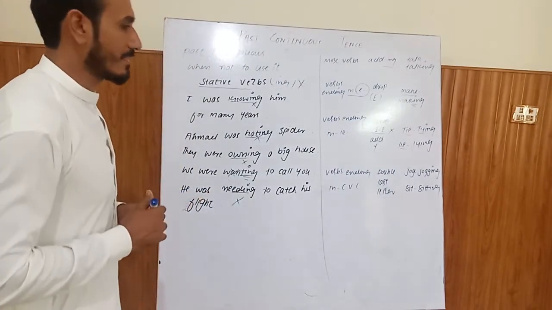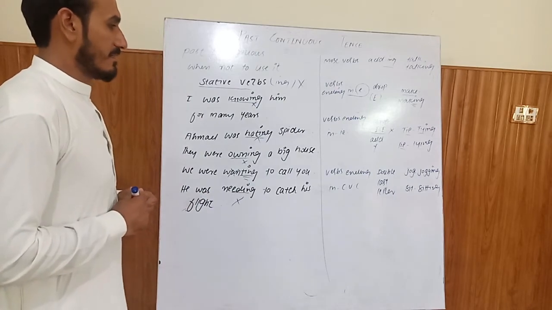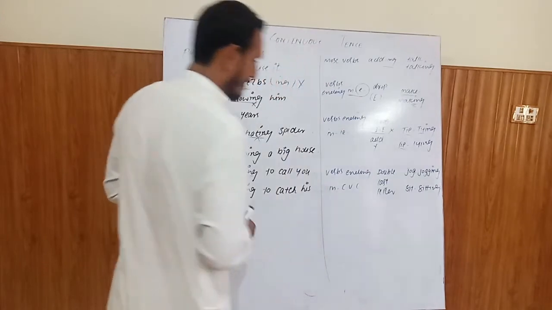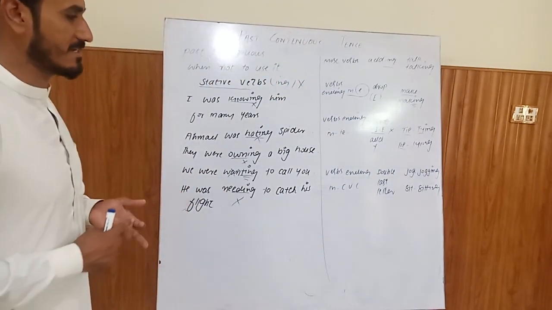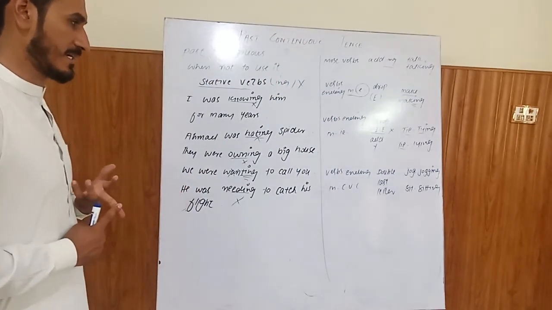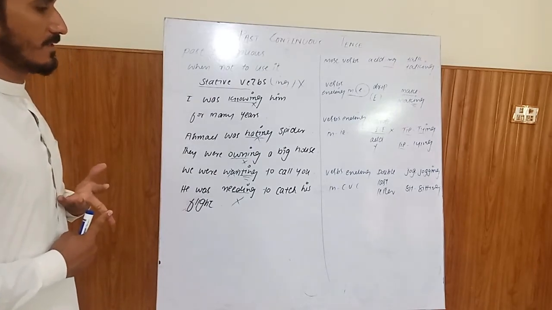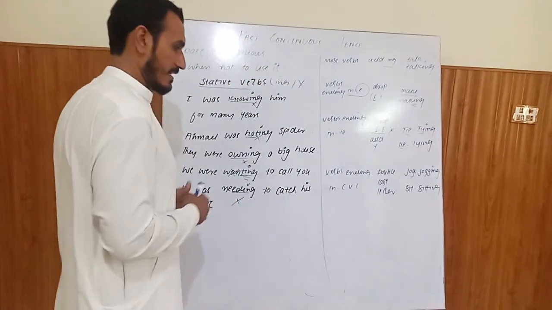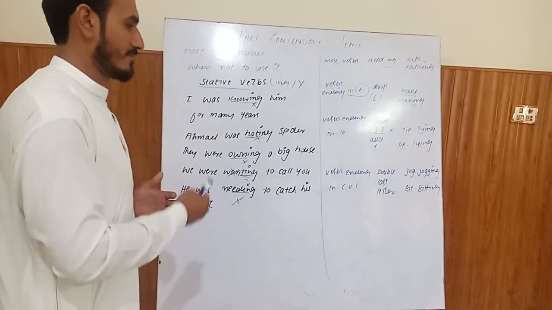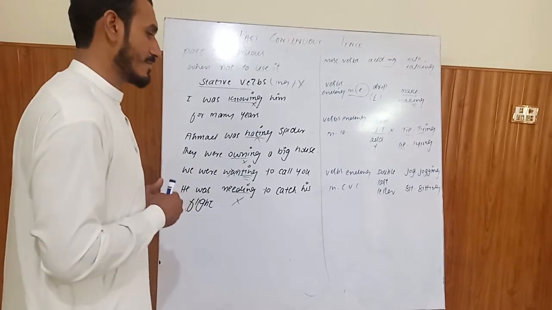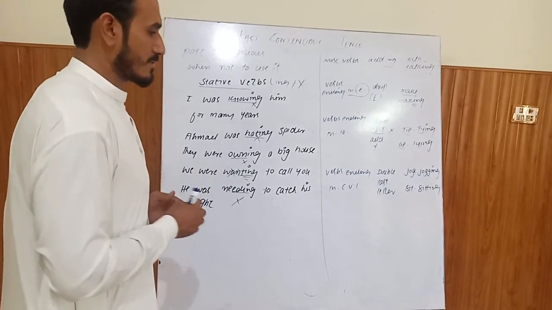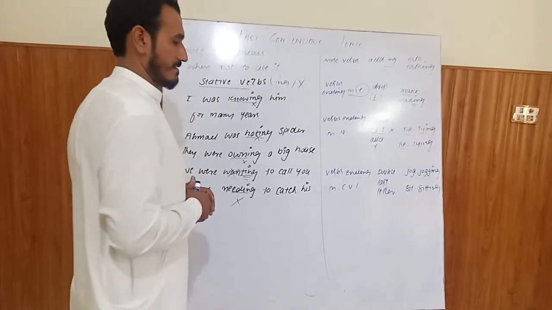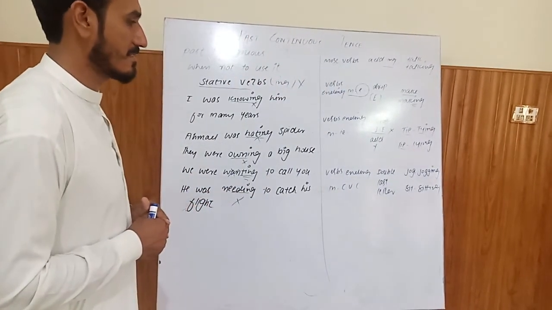Okay, verbs ending in CVC. What is CVC? Consonant, vowel, and consonant. Clear? This is the formula. Whenever we have this kind of formula, CVC, at the start we have a consonant, in the middle we have a vowel letter, and at the end we have a consonant, so we double the last letter.